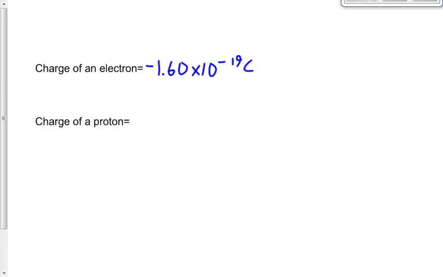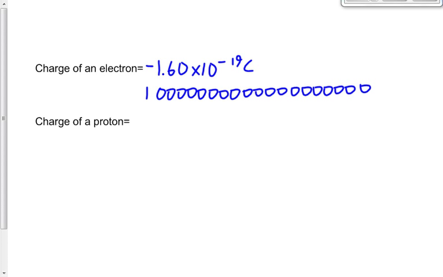That means in order to get a full Coulomb of charge, you would need approximately 10 to the 19 electrons. You need that many electrons, roughly, to give you a full Coulomb of charge. So a Coulomb is a big unit.